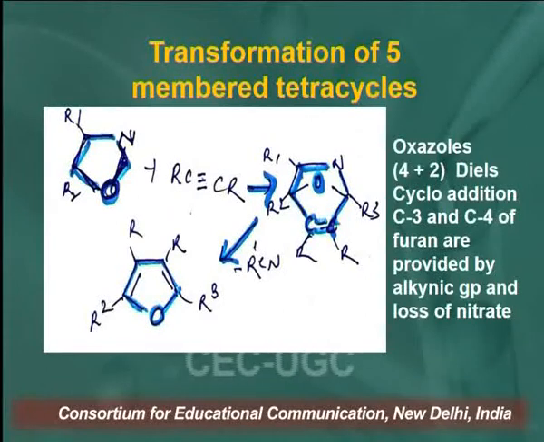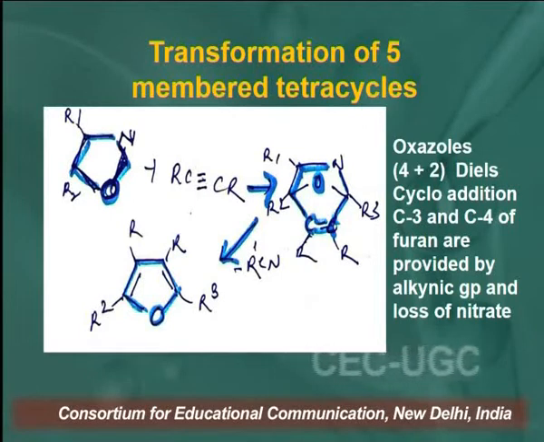Similarly, transformation of 5-membered heterocycles. This is 5-membered to 5-membered, but the difference is that the 5-membered ring has 2 heteroatoms. On your screen you can see this is an oxazole. Oxazole has 1 nitrogen atom and 1 oxygen atom.